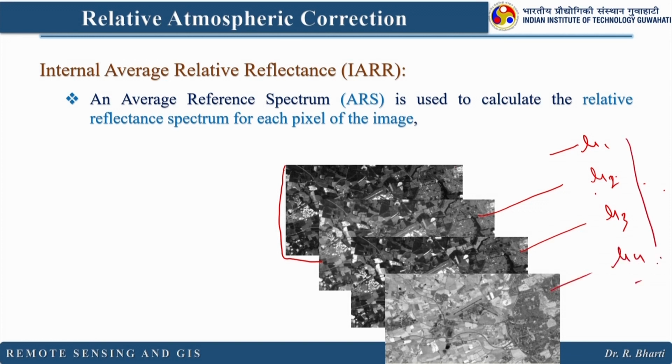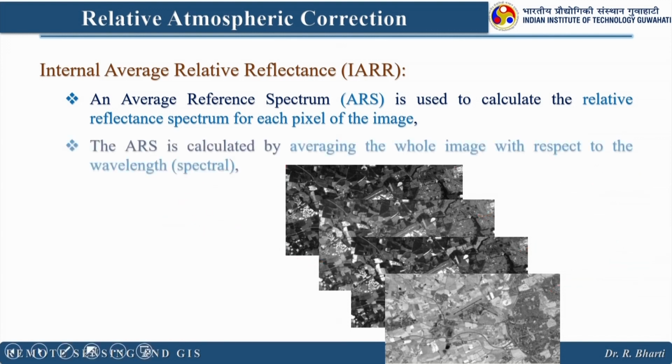Like that you will have one average spectrum. The average reference spectrum is calculated by averaging the whole image with respect to wavelength. That means for each particular wavelength you will have only one value, the average value.